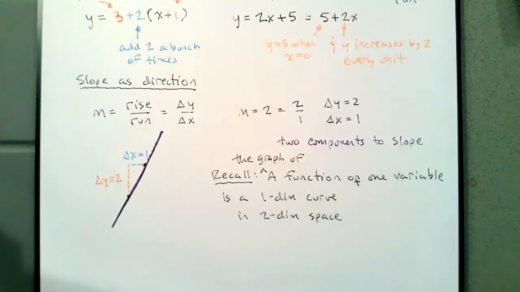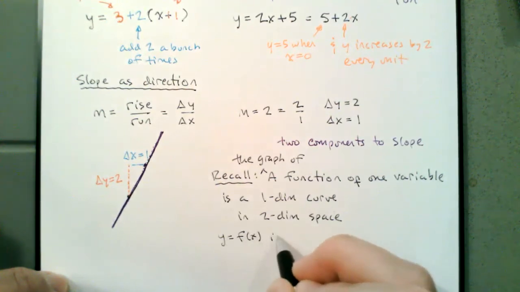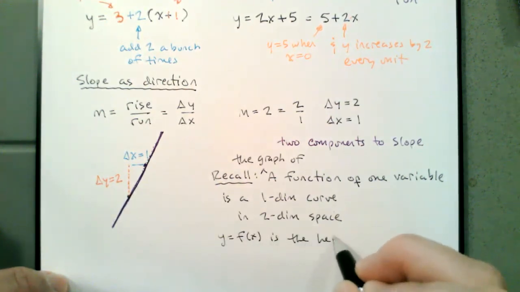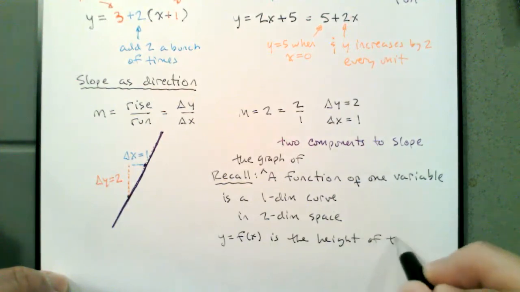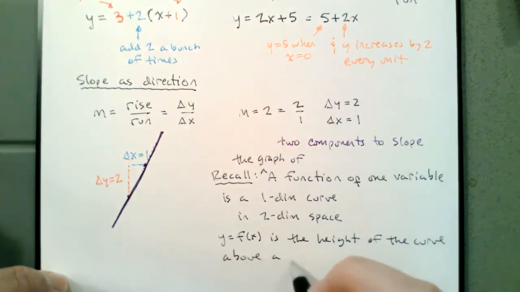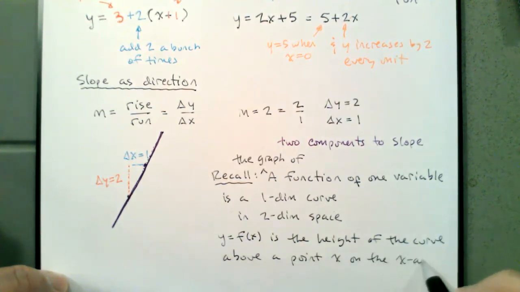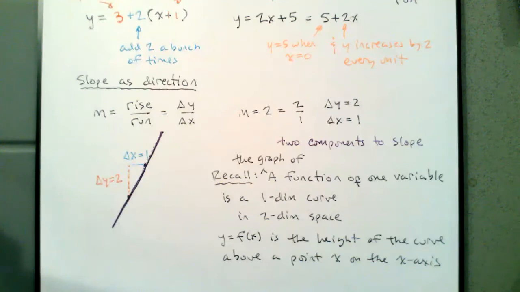With y equals f of x, y is the height of the curve above the point x on the x-axis. So y equals f of x means that the height of the curve above a point x on the x-axis is given by the function.